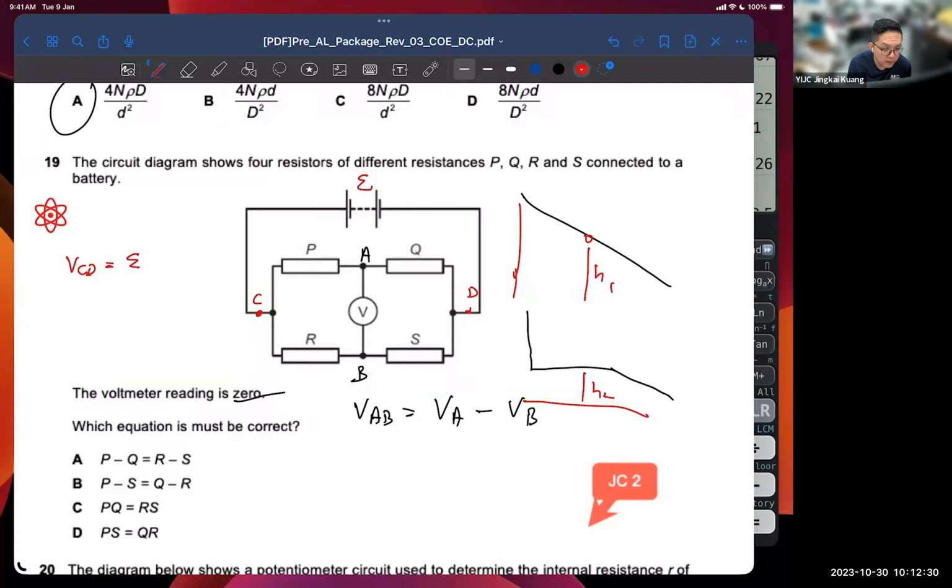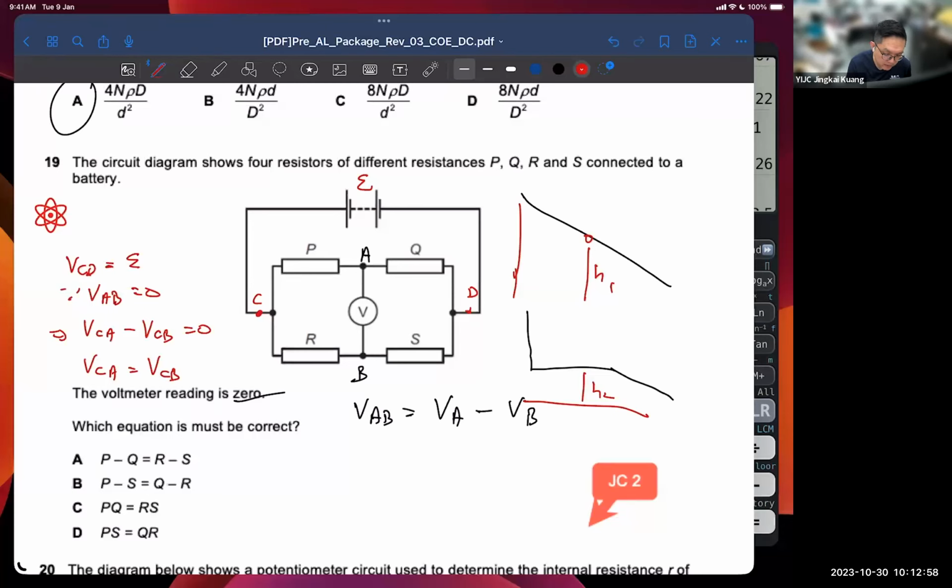But because VAB is equal to 0, that means VCA minus VCB is also equal to 0. That means VCA must be equal to VCB. That means the potential drop must be the same.